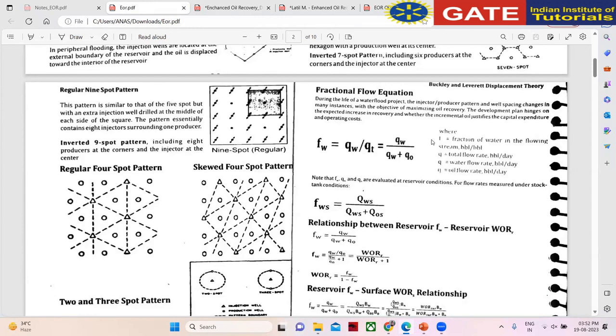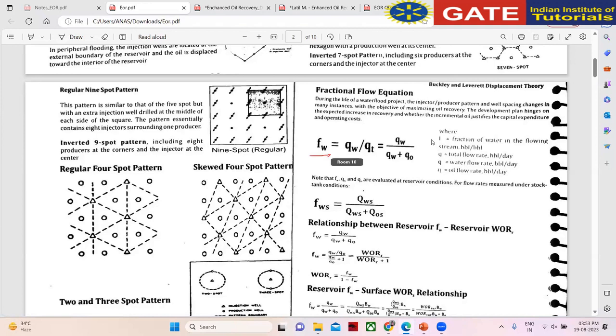The objective of our water flood project is to maximize our oil recovery. The development plan hinges on the expected increase in recovery, whether the incremental oil justifies the capital expenditure and operating cost.